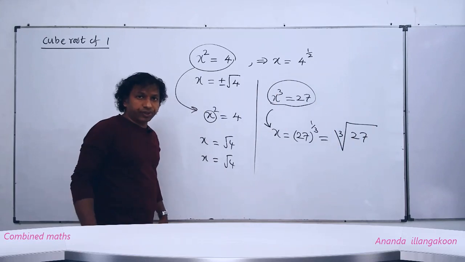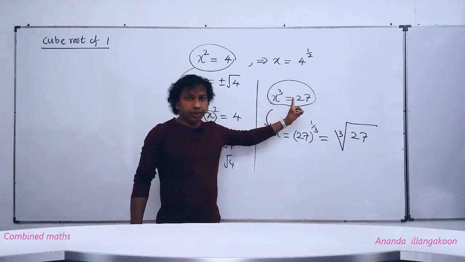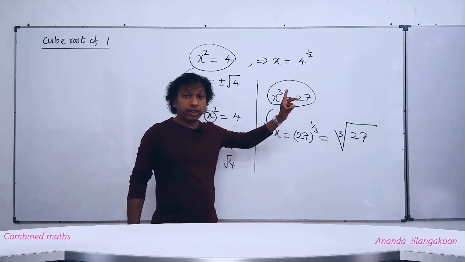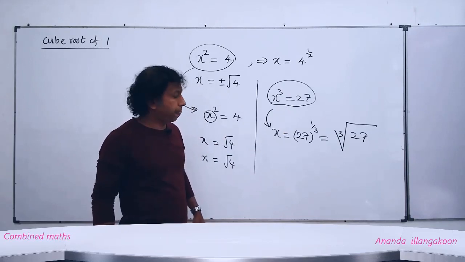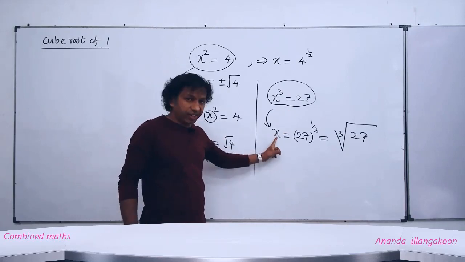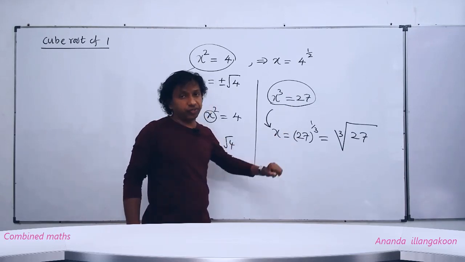So therefore, understand here, x power 3 equals 27. This equation we solve for x. We will get 3 answers for x, and each answer of x gives us cube root of 27.